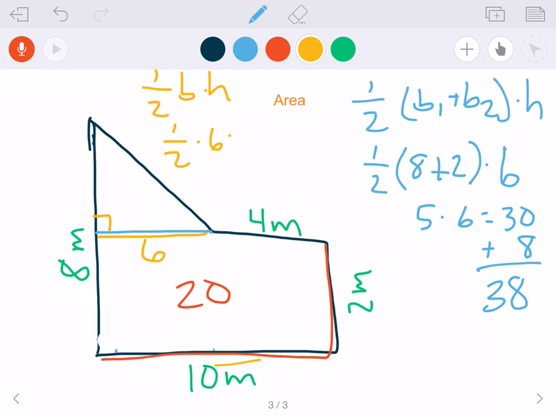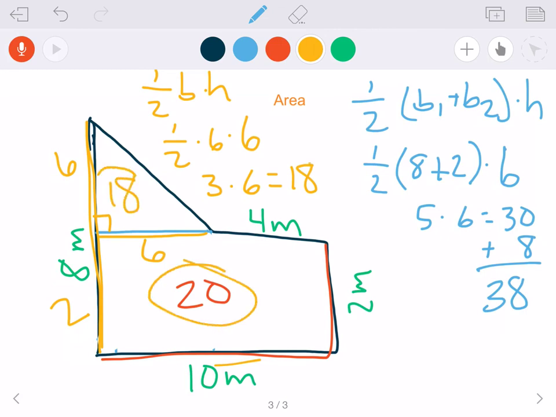My height, I'm going to do the exact same way. I know this entire length is 8. I know this is 2. What do I add to 2 to get to 8? That is also 6. So we've got half of 6, which is 3, times 6 is 18. So the area of the triangle is 18.